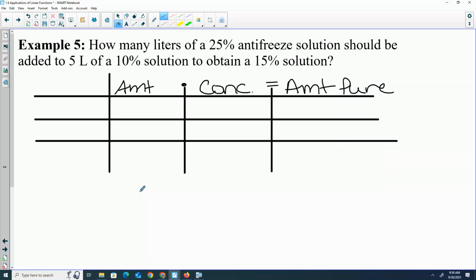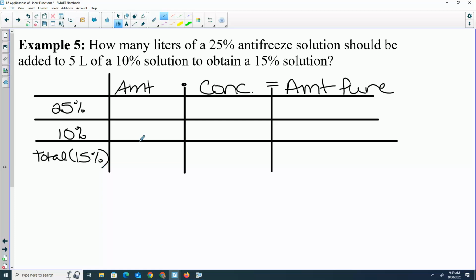So amount times concentration equals amount pure. All right. What would I call my rows? We have a 25% should be added to a 10%, and our total should be 15%.